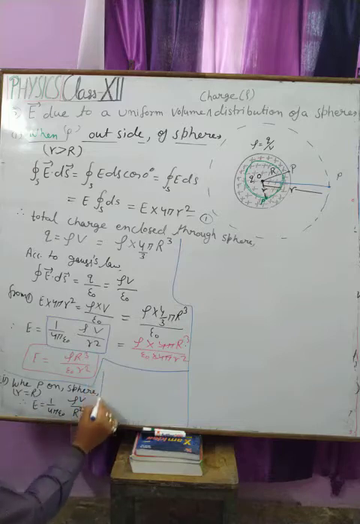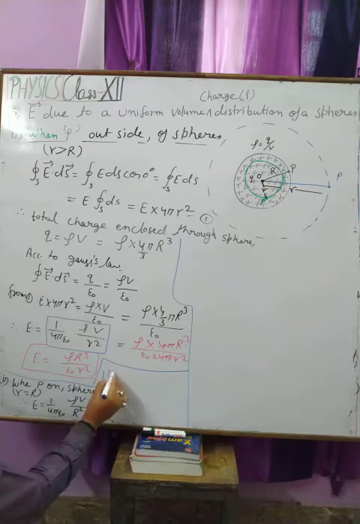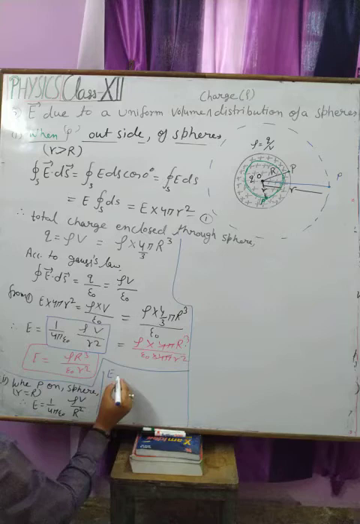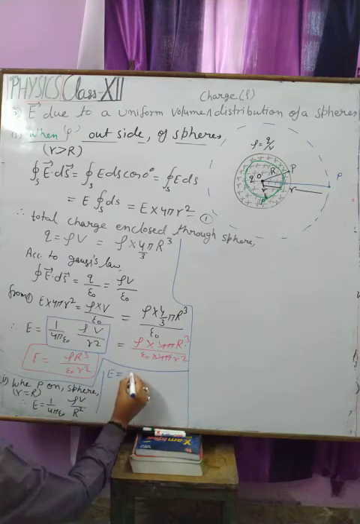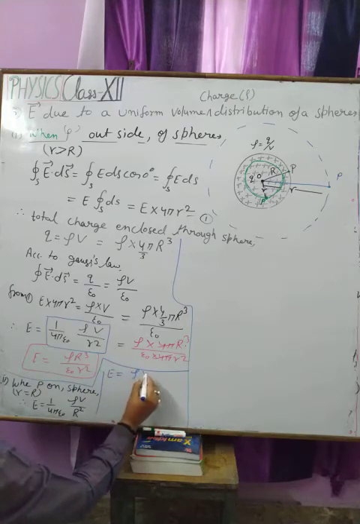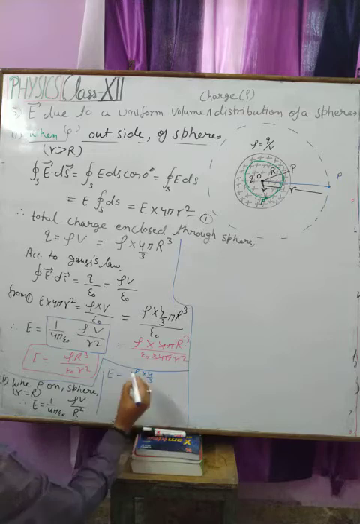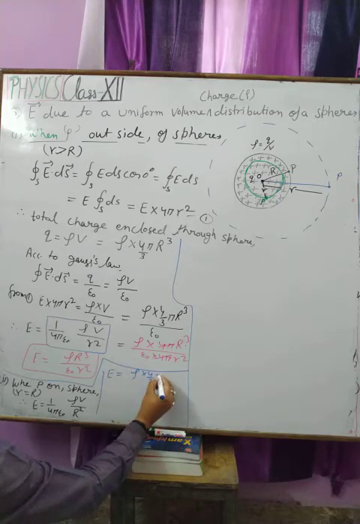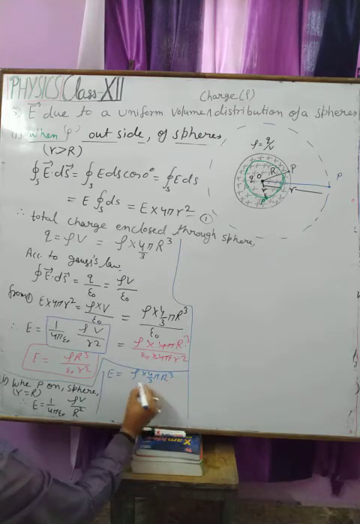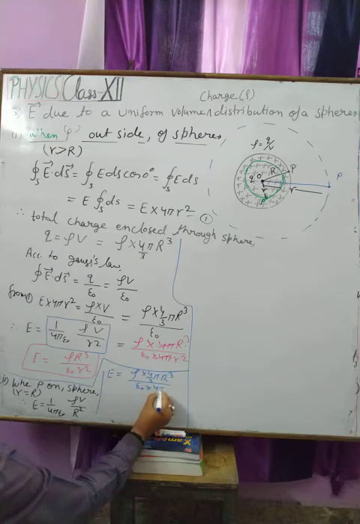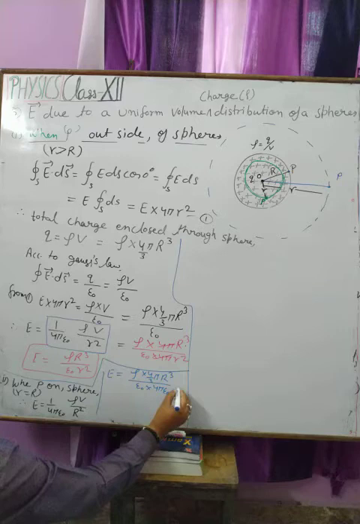Therefore on putting this value we get rho into 4 by 3 pi capital R cube upon 4 pi epsilon naught small r square.